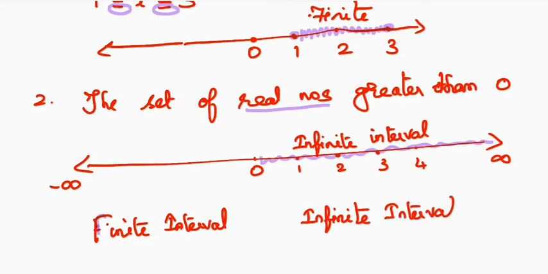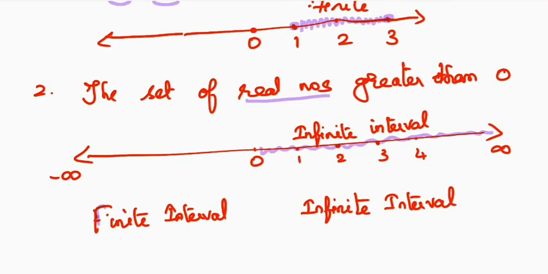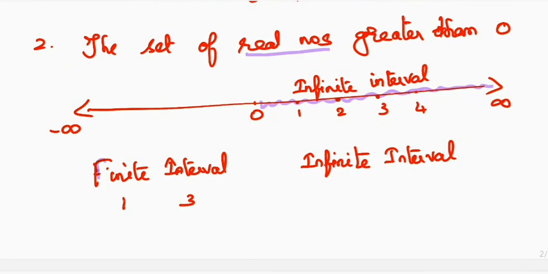The finite interval contains both end points, and both end points are finite numbers. The interval starts with 1 and ends with 3. So the end points are finite numbers, and those intervals are called finite intervals.